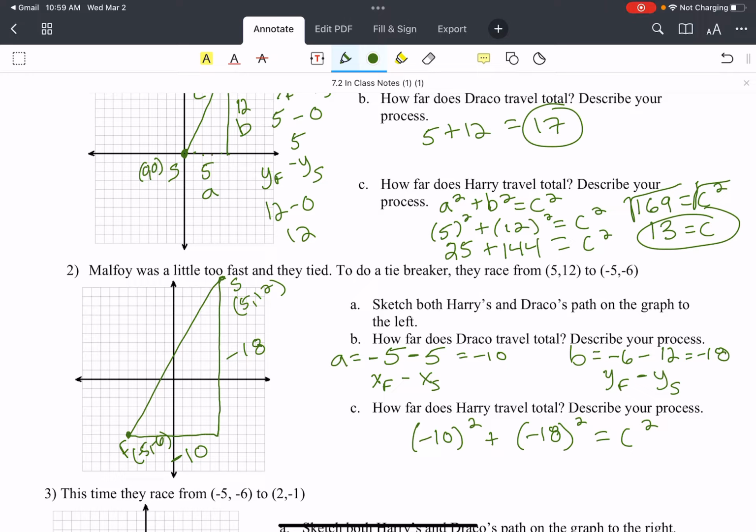For Draco's answer, it's -28, and that shows me that he went down and left the whole time, right? So now we want this one. We're already about halfway through the lesson, Aiden, so hurry up and catch up. Now when you type these ones in, don't forget to put the parentheses in, because the negatives should go away, right?